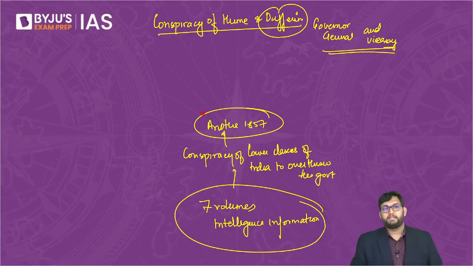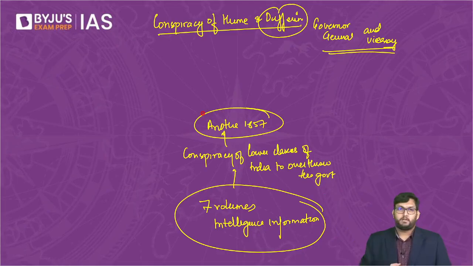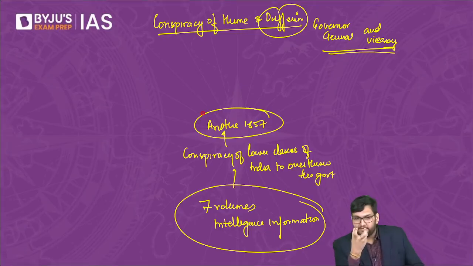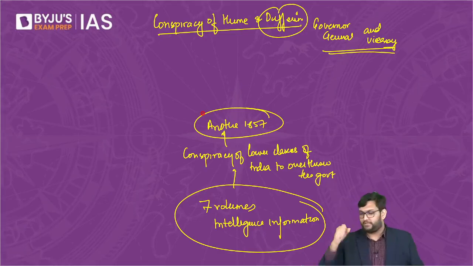Dufferin is going to meet A.O. Hume, and after a heated discussion in which Hume explains to Dufferin that if we don't do something, another 1857 is coming, a conspiracy of the lower classes is coming, we need to do something. If we don't, then British rule will end in India.